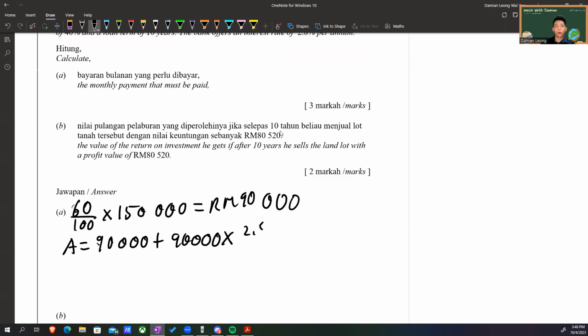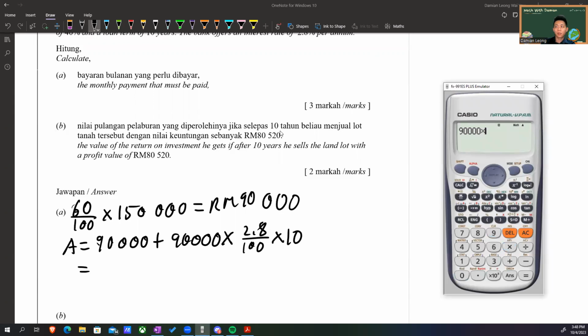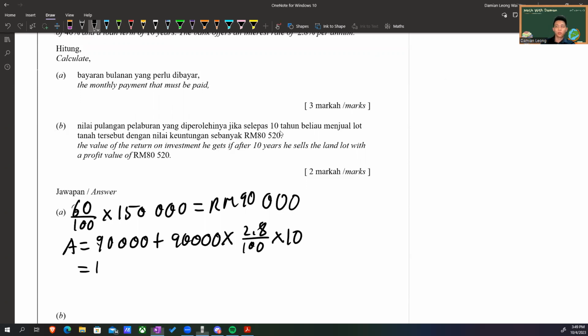Interest rate is 2.8%. Percent means out of 100, times time. Time is 10 years, so times 10. So 90,000 plus 90,000 times 2.8% times 10 years is 115,200 ringgit.